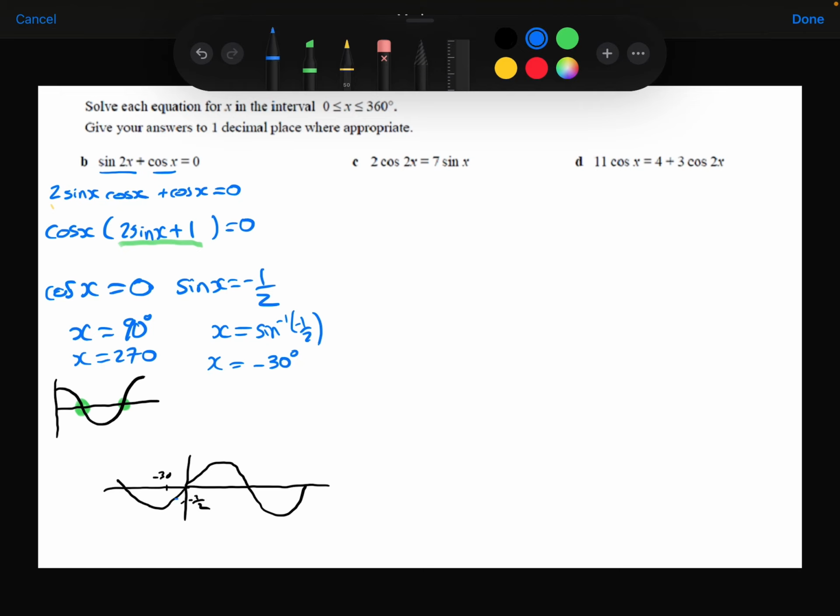So I had one solution here, there'll be another solution here, and another solution here. I know that's 30, so this is going to be 30. So that's going to be 180 plus 30, which is 210, or 360 minus 30.